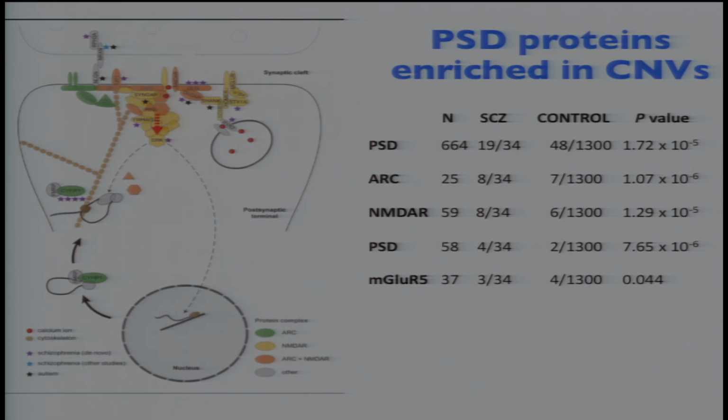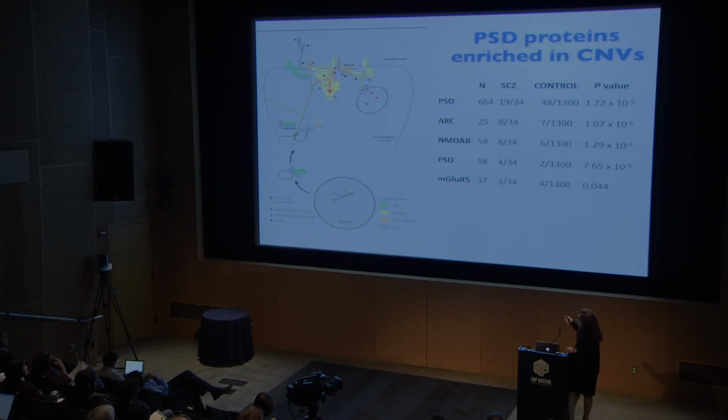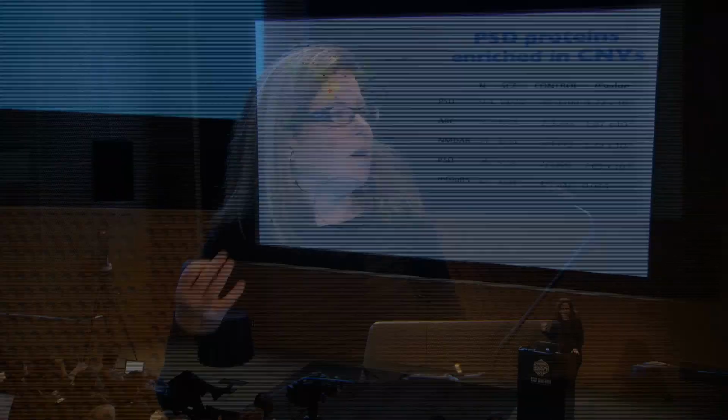And so you can see that in general, the proteins in the ARC complex or the AMPA receptor complex or the NMDA receptor complex are largely contributing to what we're seeing in the postsynaptic density. I haven't put on this slide the number of other pathways that were also investigated, synaptic vesicles, things of that nature, all of which were negative.